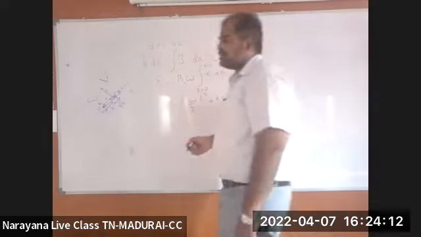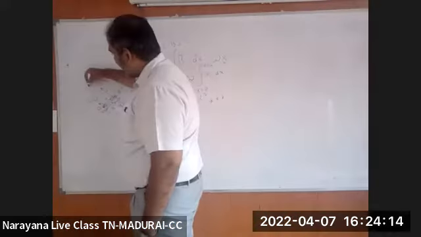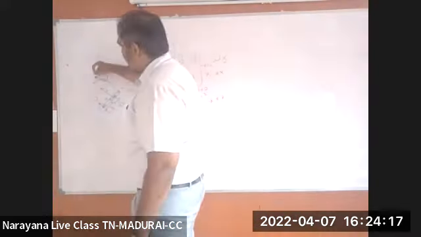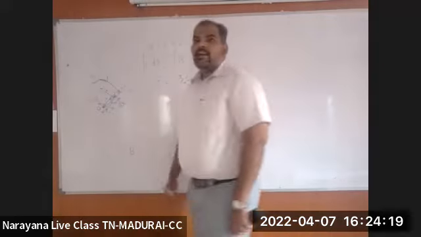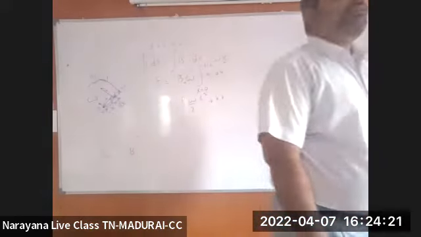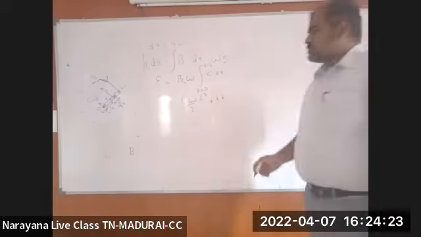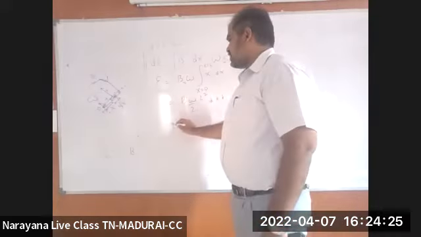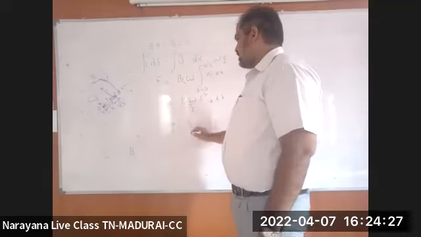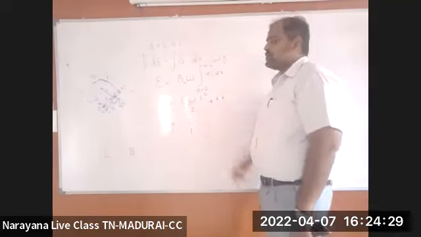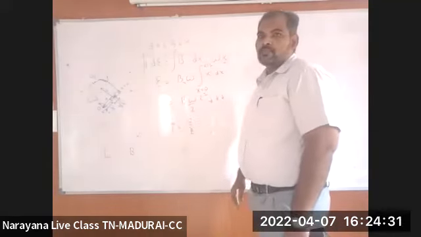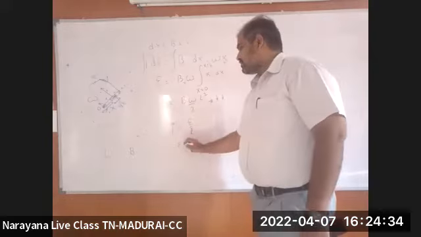Or suppose I connected one electric bulb of, let's say, resistance R ohms. What is the induced current? How much? EMF by resistance. You can substitute the EMF value. What is the power induced?